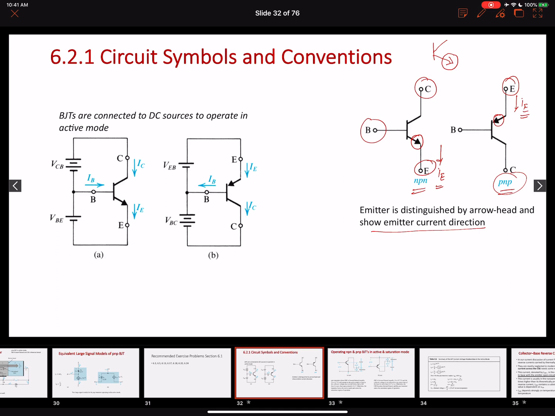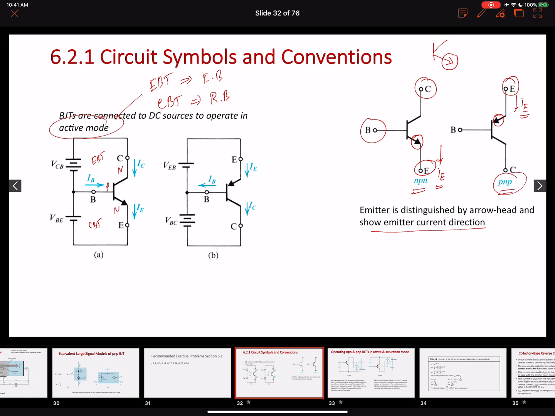And let's assume over here that we want to operate these transistors in the active mode. This means that, to operate in the active mode, the emitter to base junction needs to be forward biased and the collector to base junction needs to be reverse biased, right? So this is the emitter to base junction, and the collector to base junction. This is an NPN transistor.